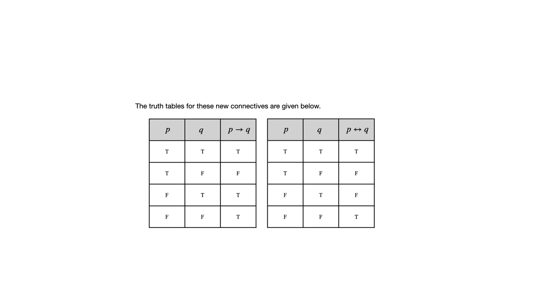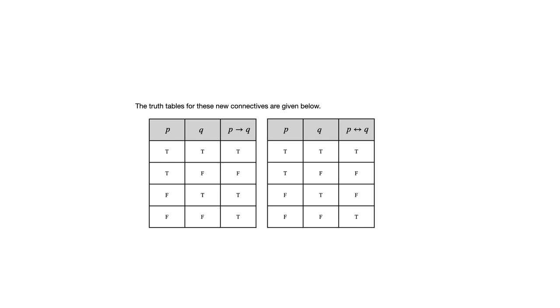This doesn't necessarily work how we would expect it to. In particular, if you look at the last two rows, whenever P is false, if P then Q is true, which you may find a little bit hard to accept, but that's the way that this truth table works. And in fact, the only way that if P then Q is false is if P is true and Q is false.